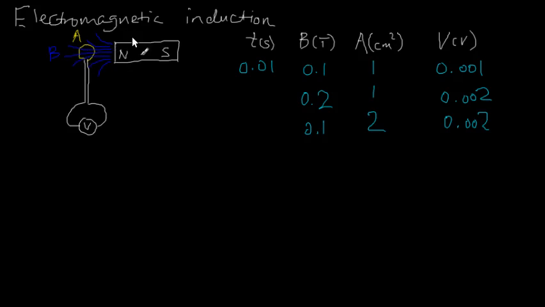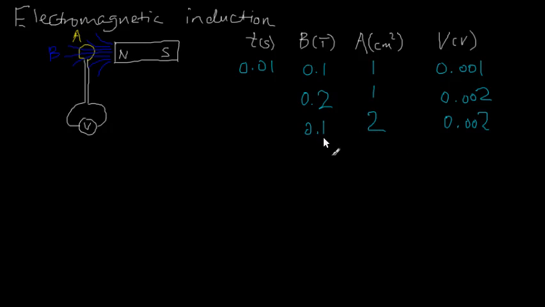If I use a big loop, then obviously the loop will include a lot of area where there is no magnetic field, so we can't really say very much about those.